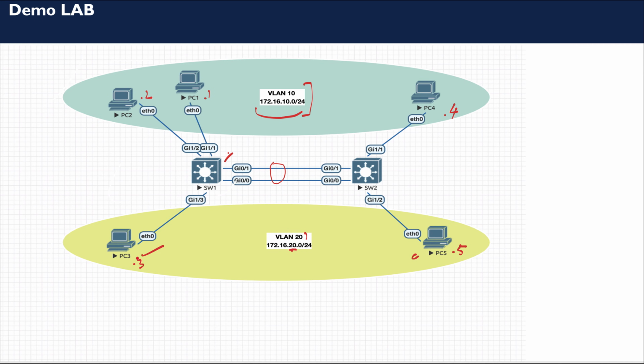However, PC3 is also on the same VLAN for the time being. Forget about what we have in this drawing. So PC3, based on the configuration of switch 1, is also on VLAN 1, but it has a different IP address. It's on a different subnet. So in theory, PC3 should not be able to ping PC1 or PC2.